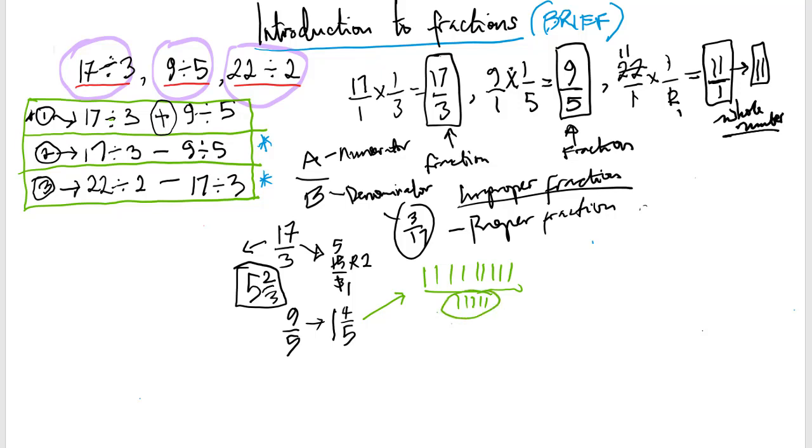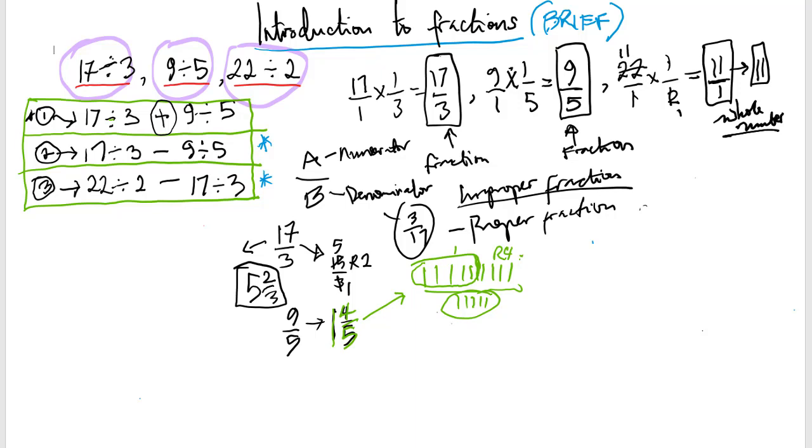Okay, in this group of 5, how many times can we find it in this 9? So we now have 1 2 3 4 5. You can only find it once. Okay, then remainder 4. So that is what we got here: 1 remainder 4 over 5.